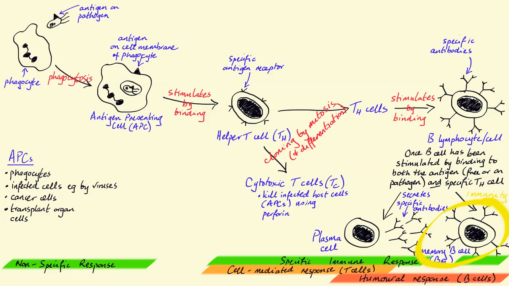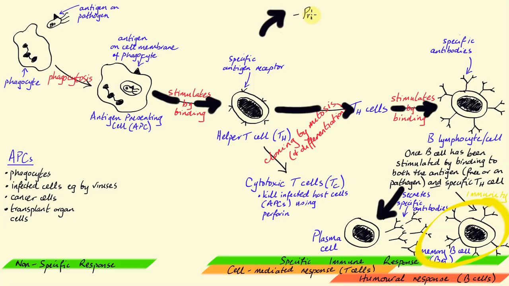Now what I'm doing is highlighting the multi-step process, which is the primary response. And because it's a multi-step process, it takes a long time, relatively. And it involves the stimulation of both the T cells and the B cells to bring about the secretion of antibodies.